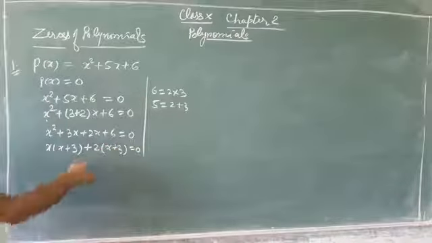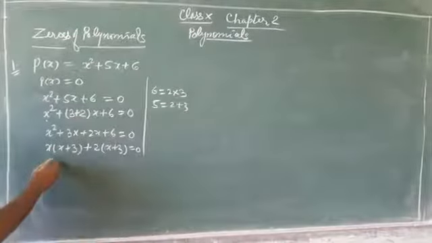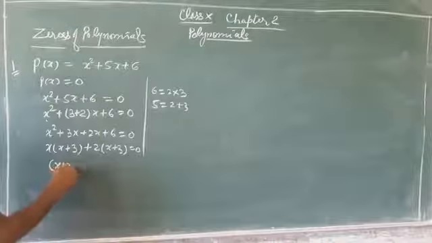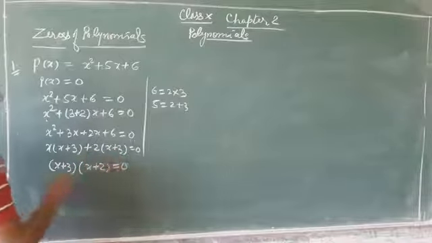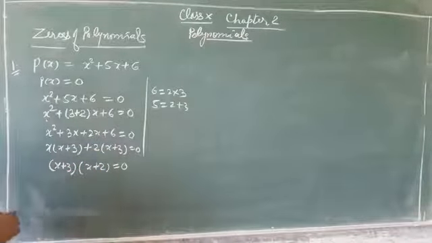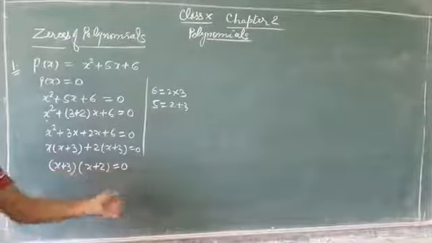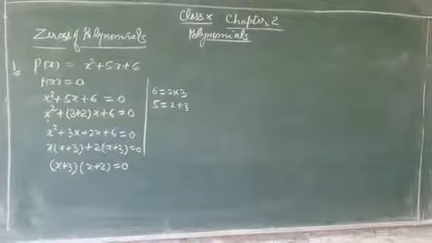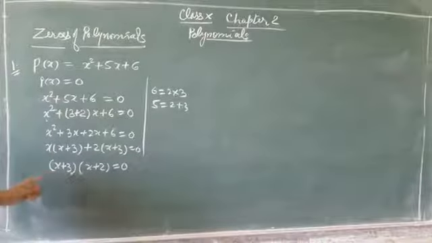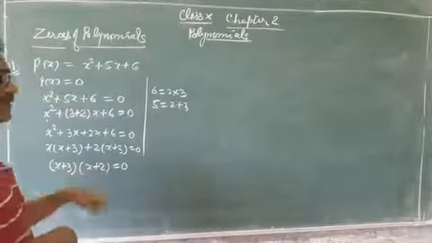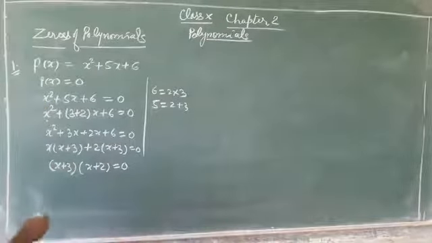From these two terms, 2 is common, so x plus 3 is common. So x plus 2 is equal to 0. Again, we know that if the product of two numbers is 0, it means either one number is 0 or the second number is 0 or both of them are zeros.